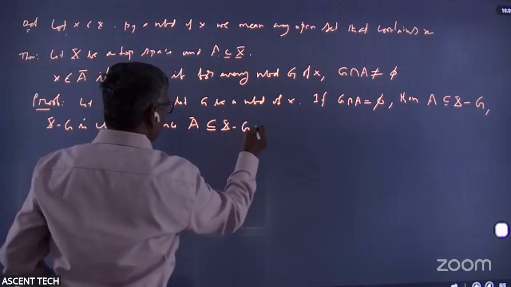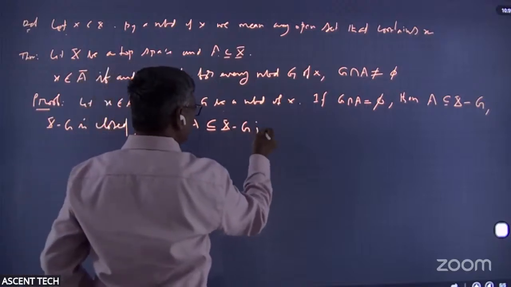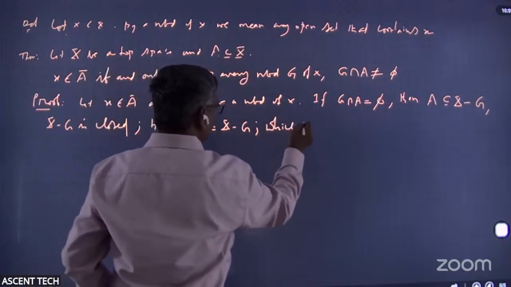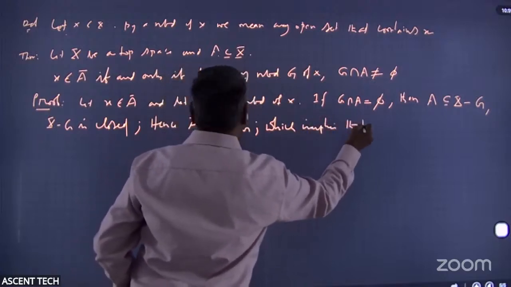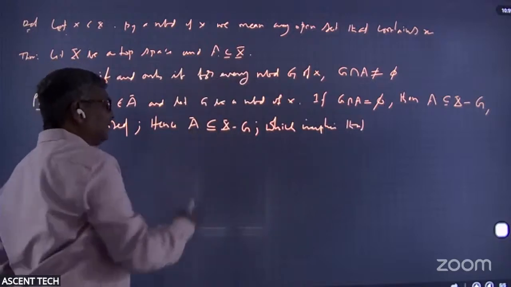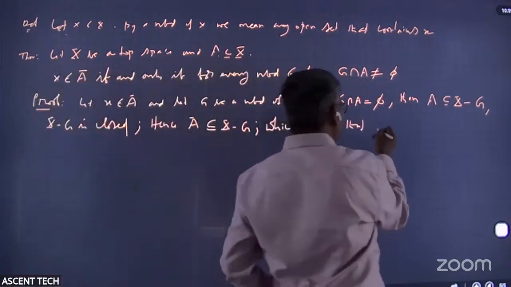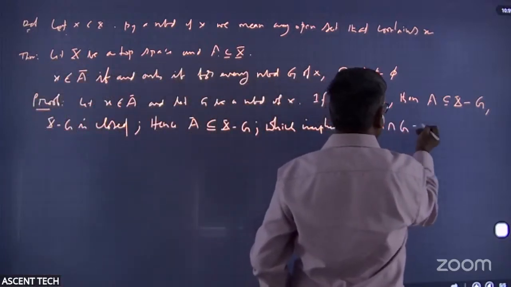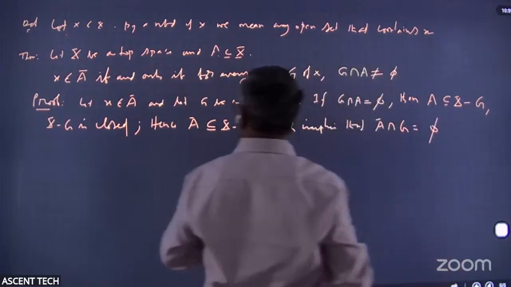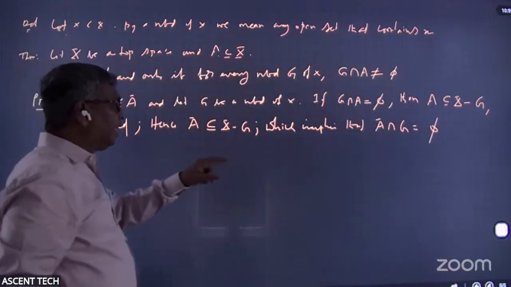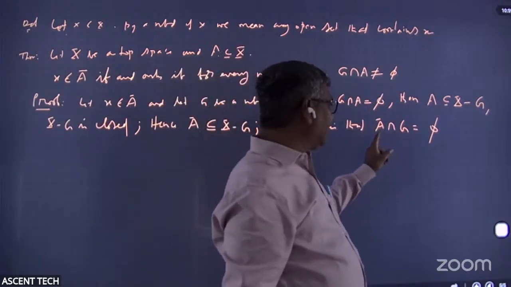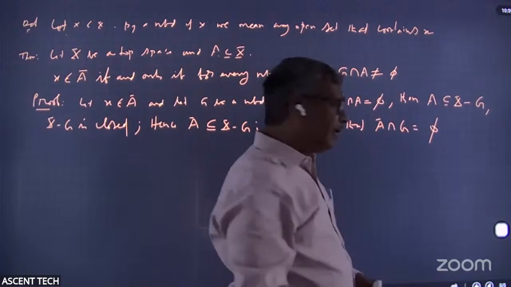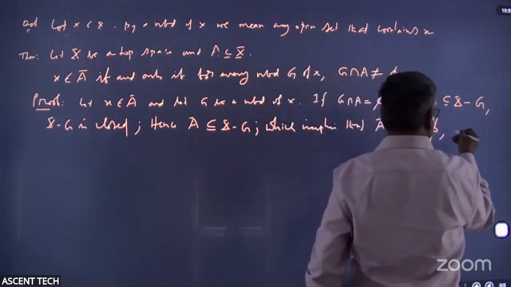Hence, A bar is contained in X minus G, which implies that A bar intersection G is also empty. Now that's a problem because you already said x is in A bar and G is a neighborhood of x. So G contains x as well as A bar contains x. How can this be empty?